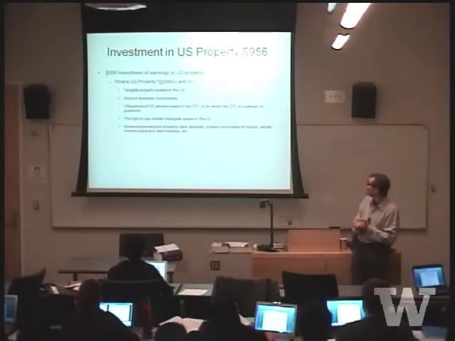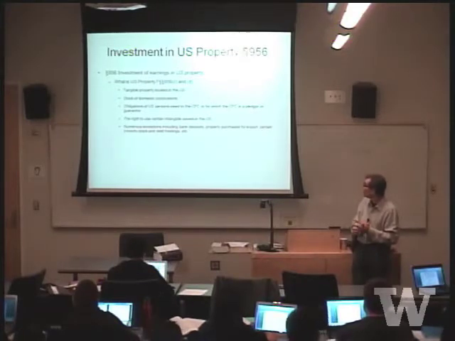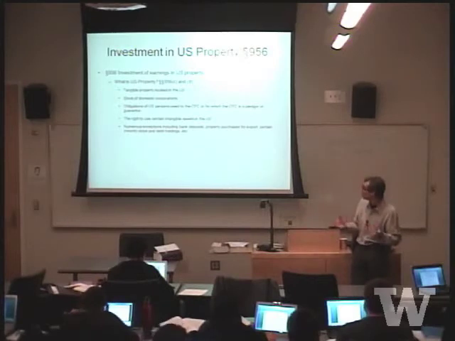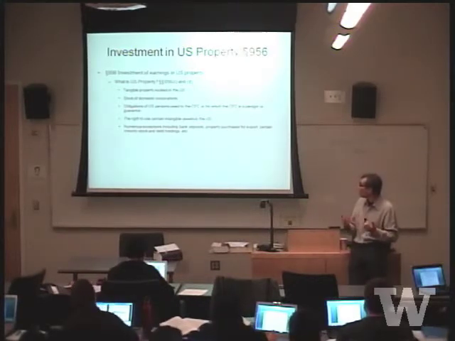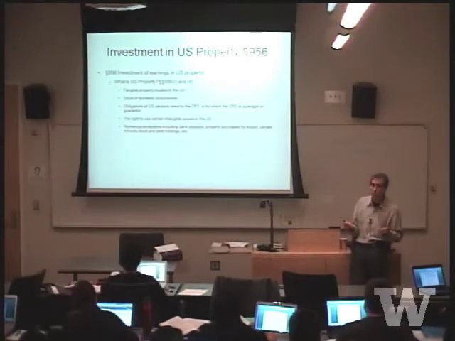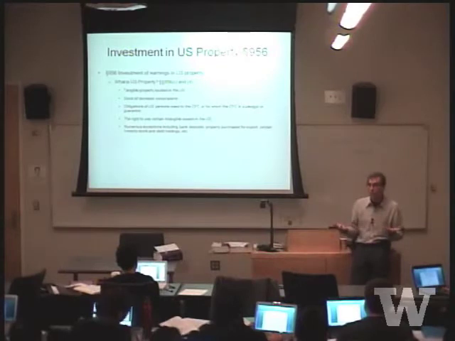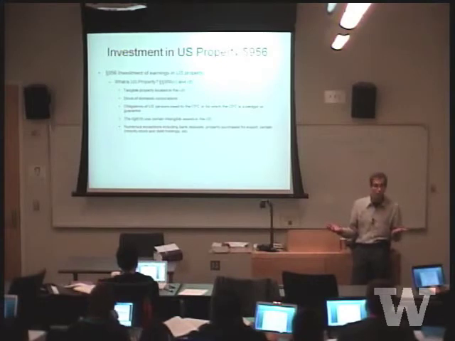So, what is U.S. property? 956(c) and (d). Okay, there's a few general categories. Obviously, tangible property located in the U.S. is going to be a major one. You can't have the foreign company invest in U.S. real estate.